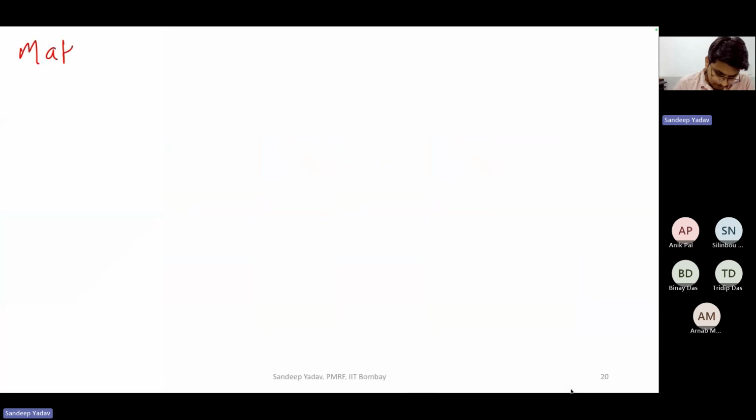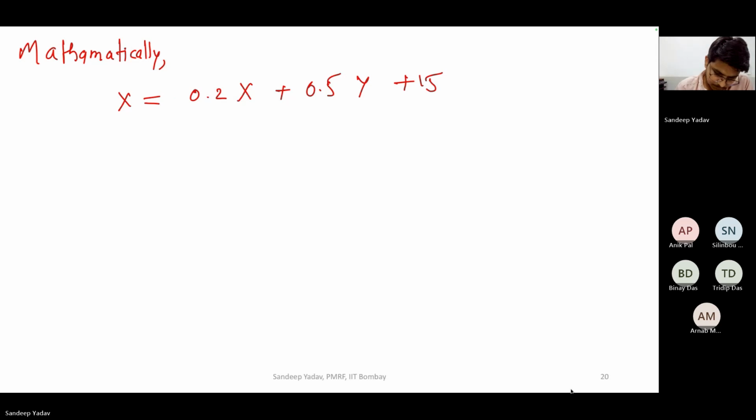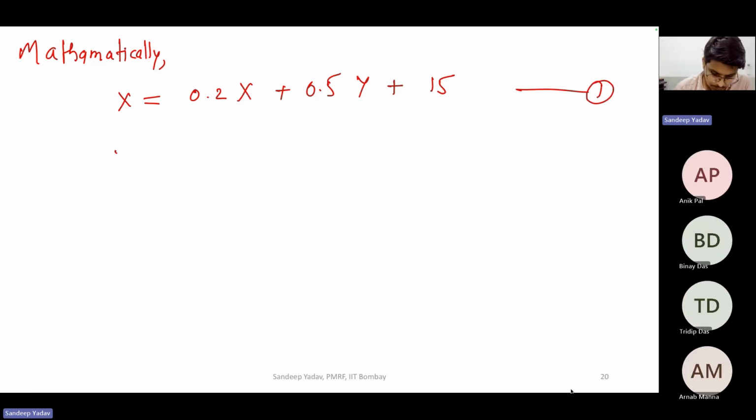Now mathematically, we may express the total production of steel using X and Y. So X would be equal to 0.2 X itself and 0.5 Y plus 15. This we can call equation number 1.